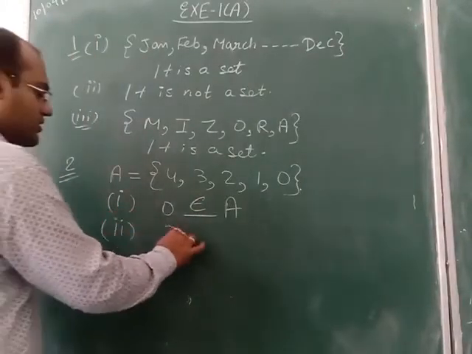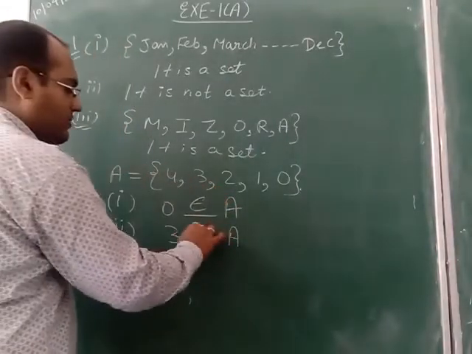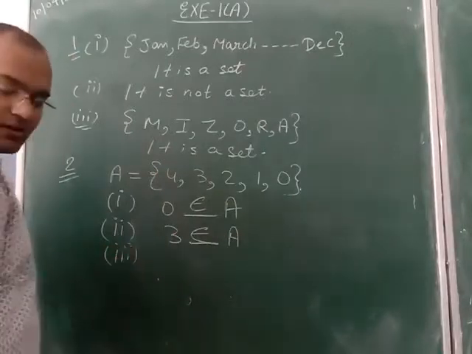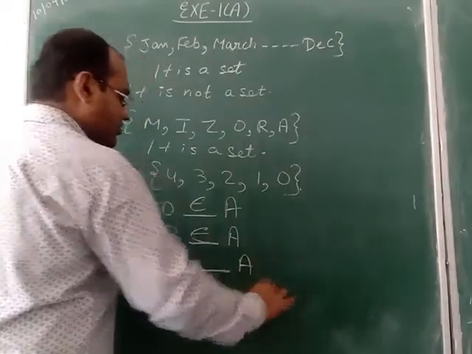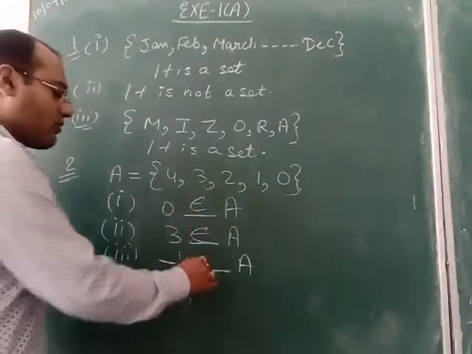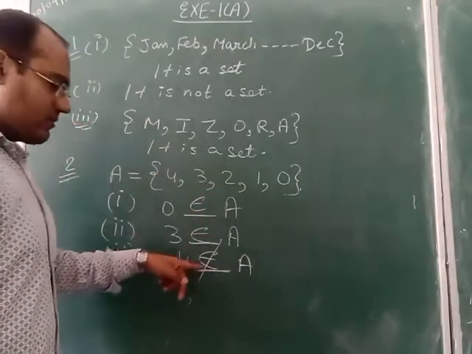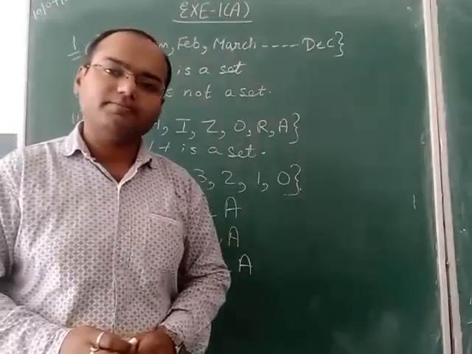Second part: 3 and A. 3 is coming in set A, so we will write belongs. Third: -4 and A. In set A, -4 is not coming, so we will write does not belong to. We have to cut this symbol, which means does not belong to. So like this you have to do question number second.